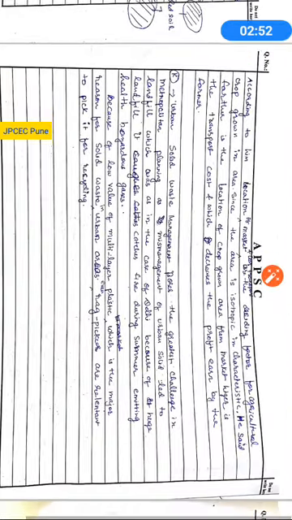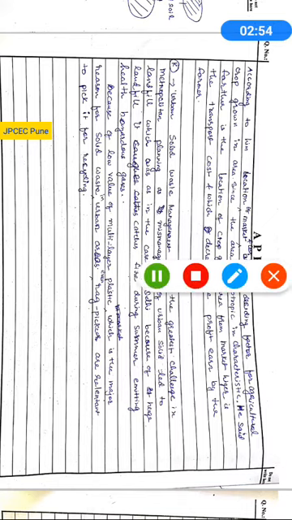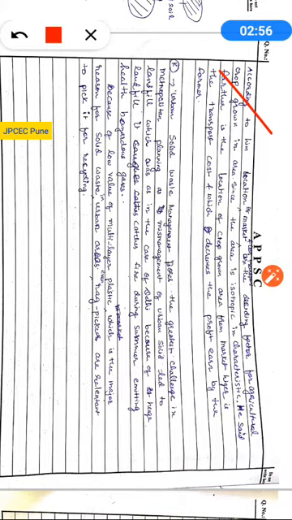After that, the viewpoint of Von Thünen you have explained with respect to the market, how the cropping pattern, cropping intensity, and the transportation cost are considered.